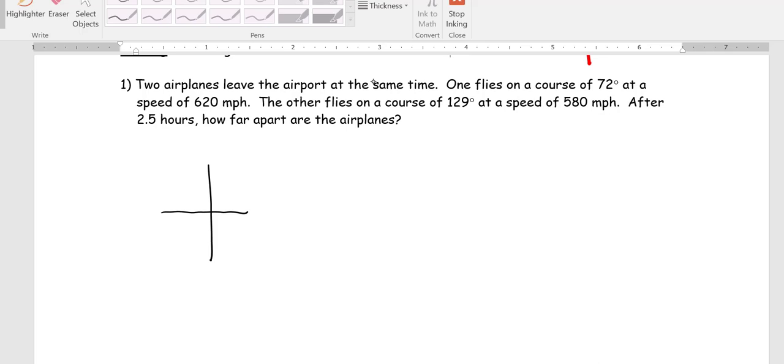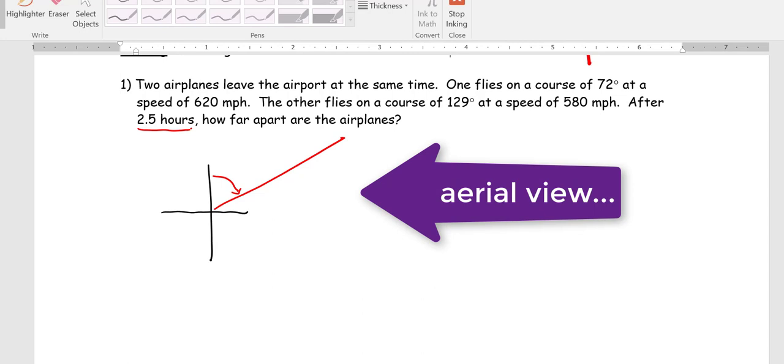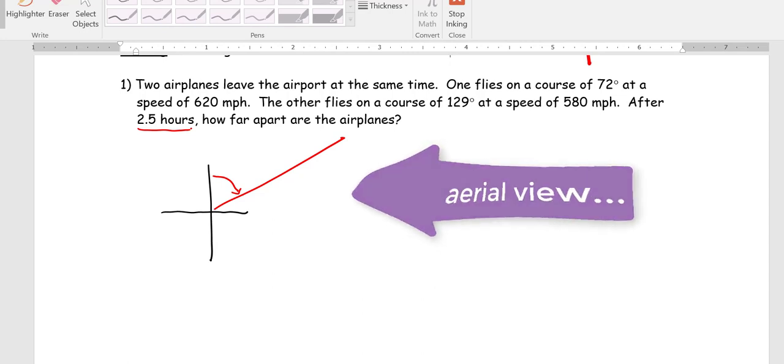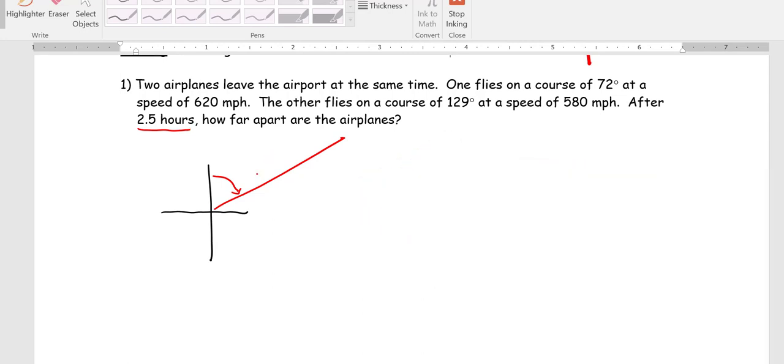One flies at a course of 72 degrees at a speed of 620 miles per hour. Keep in mind they're going to fly for 2.5 hours, so the distance is 620 times 2.5, which is 1550.